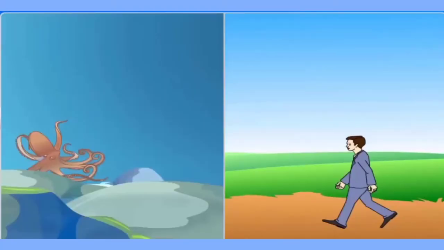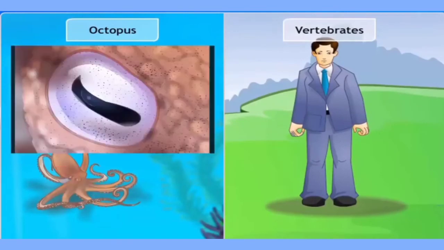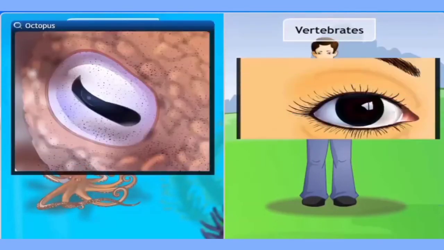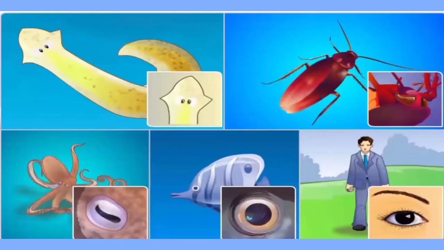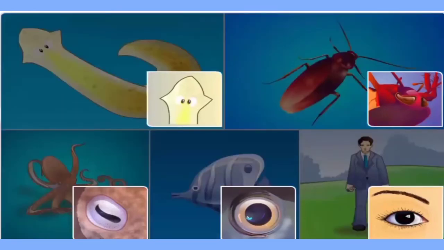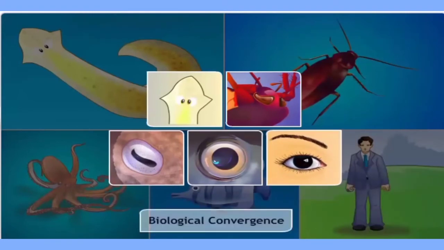All of these changes are in response to adaptation to the environment. For example, the eyes of the octopus and the eyes of the vertebrate have evolved entirely independently. These similarities of structure, despite different origins, provide a classic example of biological convergence.